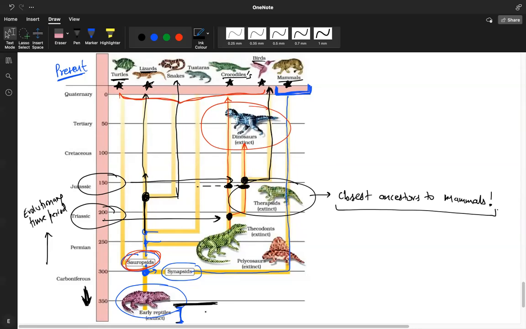Then why do whales live in water? Whale is a mammal, right? Yes, sir. Then why do you think it lives in water? So it does come up to take in air, right?